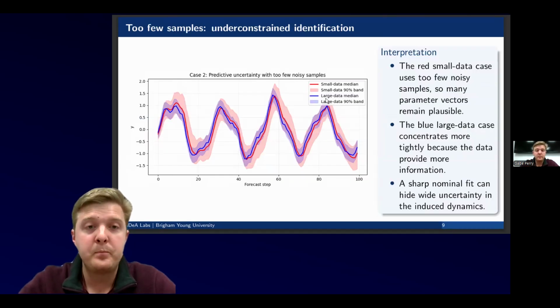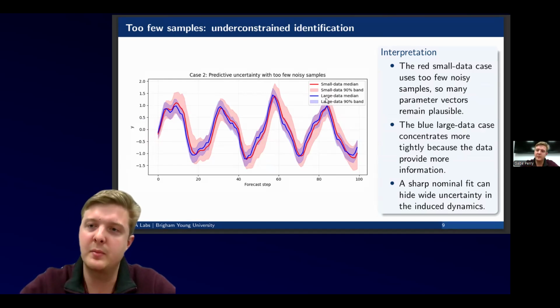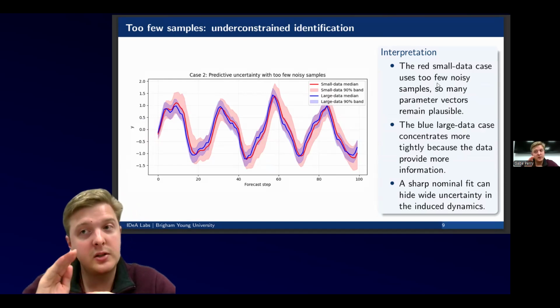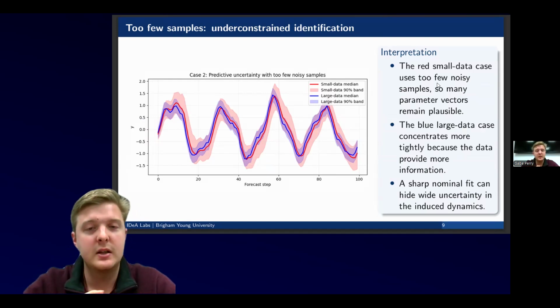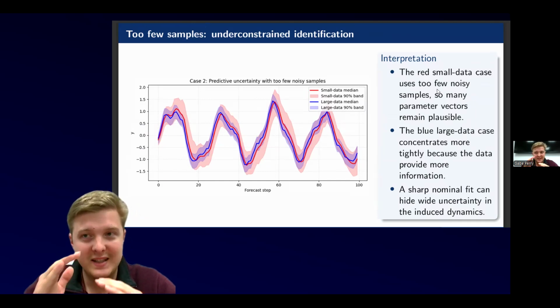So here we have an example of what happens when we under-constrain the parameters in that system. We have fewer data points than we have parameters we wish to identify. The red small data, under-constrained case, has a larger uncertainty, which we would expect when we have not enough data to fully identify the parameters in the system. And the blue band is tighter.